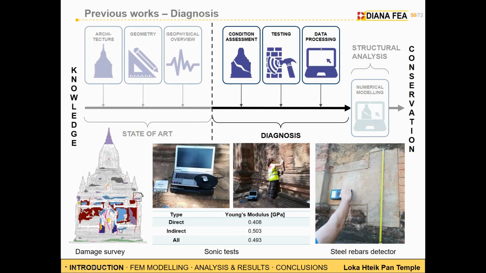As we have done for Carmo Convent, we needed to perform non-destructive tests to achieve the material properties of the structure. So we performed sonic tests to understand the Young's modulus of the bricks, but also of the reinforced concrete beams, and then we also utilized a steel rebar detector to have an idea about the location of the ties and their diameter.